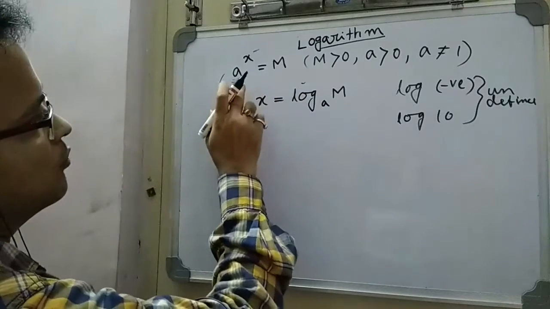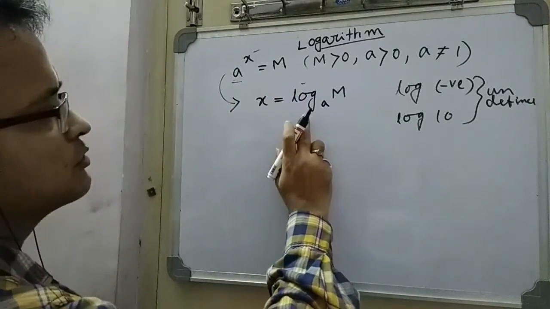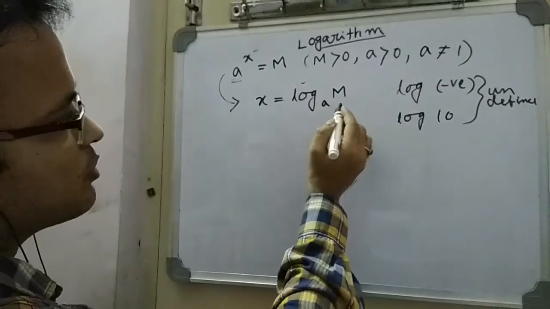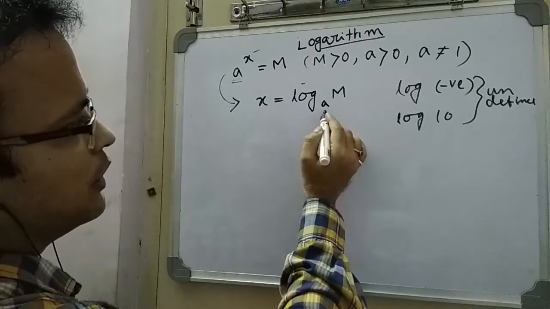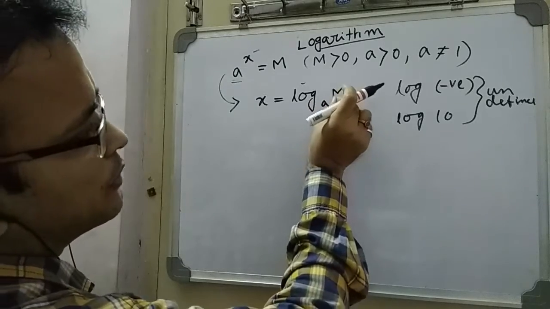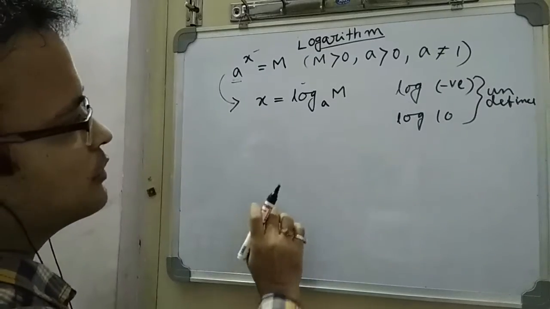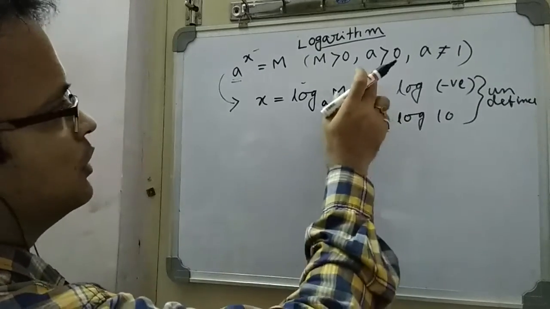So while we are reaching the concept of logarithm, the base a and the actual value m on which we are taking the logarithm should both be greater than 0.